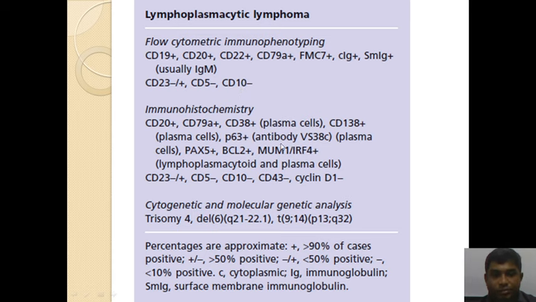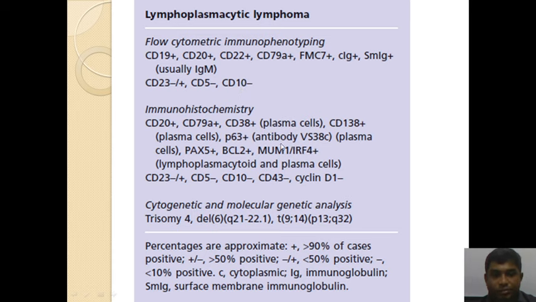Moving on to the next group of disorders, which is marginal zone lymphoma. The marginal zone lymphomas themselves are subdivided into different subgroups. This could be splenic, involving the spleen, nodal, mainly involving the lymph nodes, or extranodal marginal zone lymphoma, or MALTomas. When you take other lymphomas, lymph node involvement is common, whereas in marginal zone lymphomas, lymph node involvement is less common.